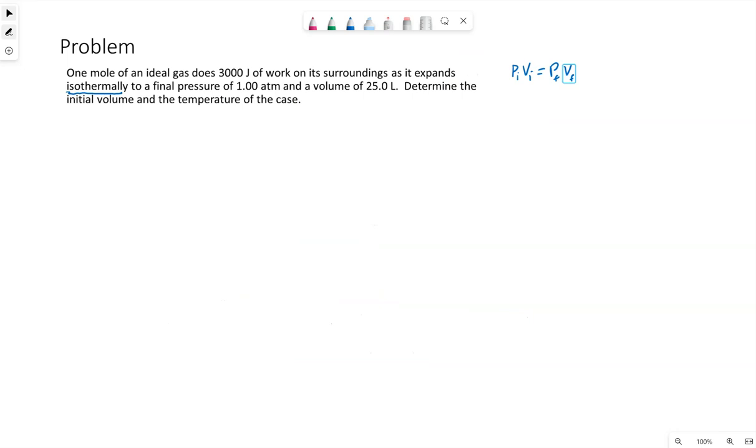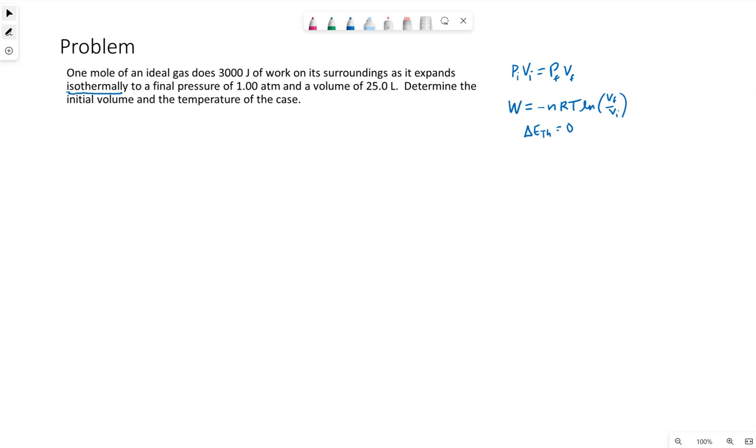Work is negative nRT, natural log of V final over V initial, and delta E thermal is 0. Those are the equations in the table that are specific to an isothermal process.